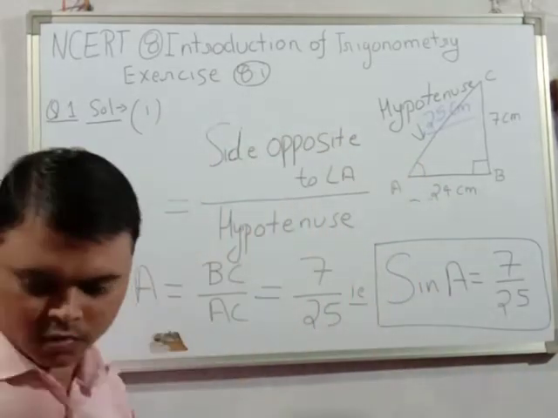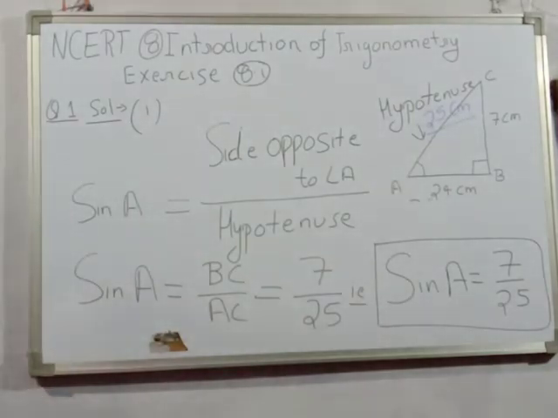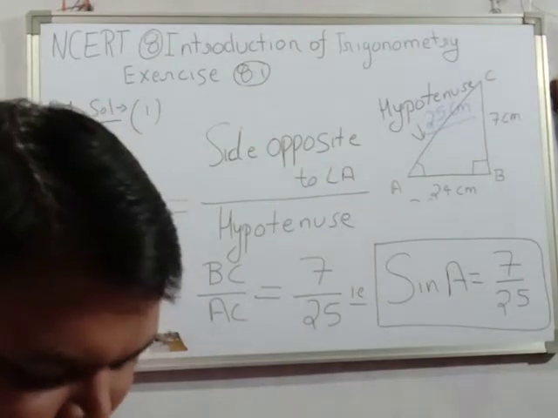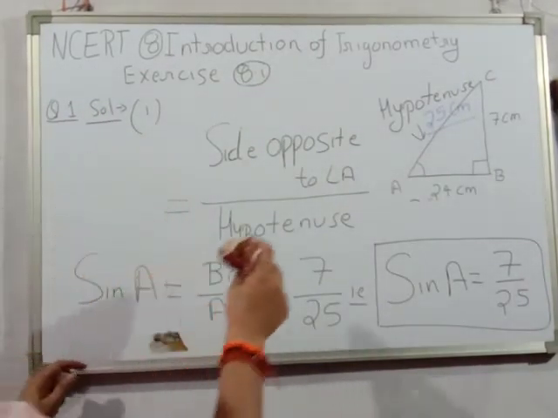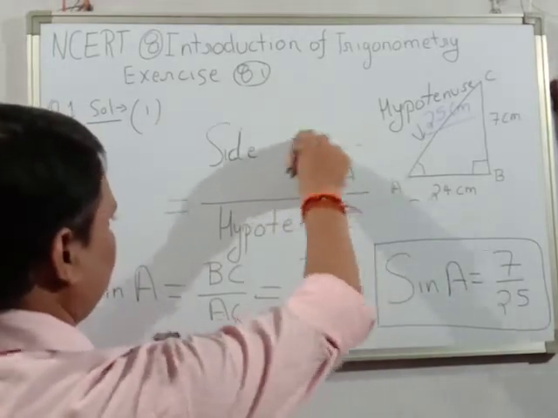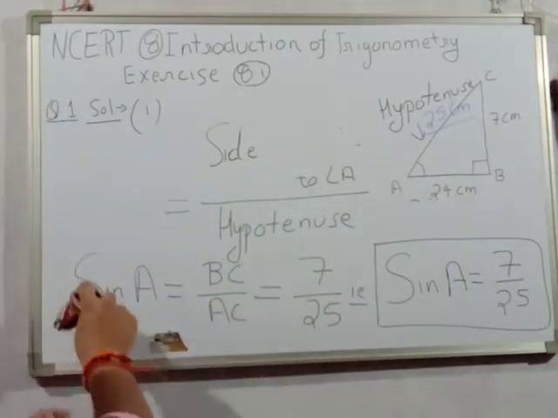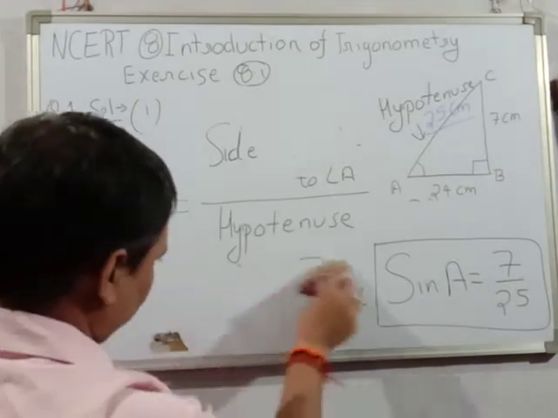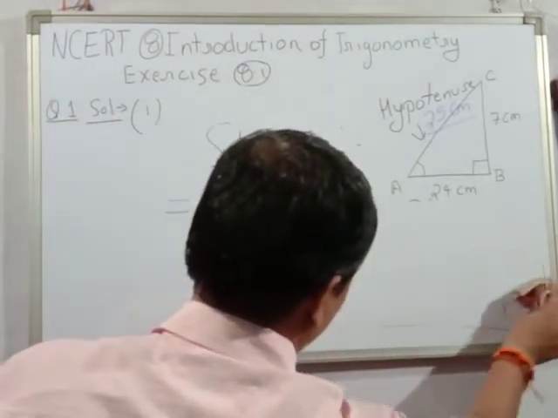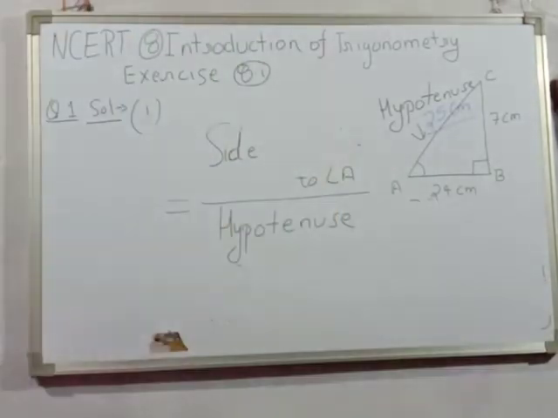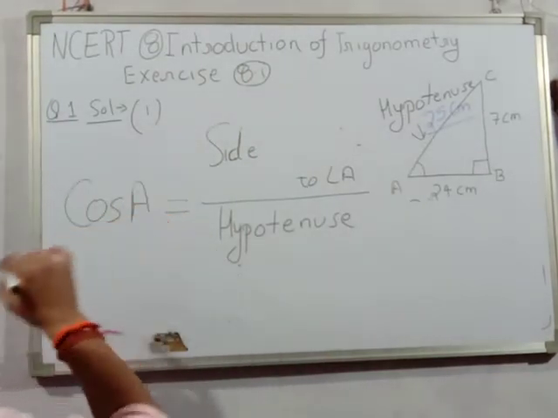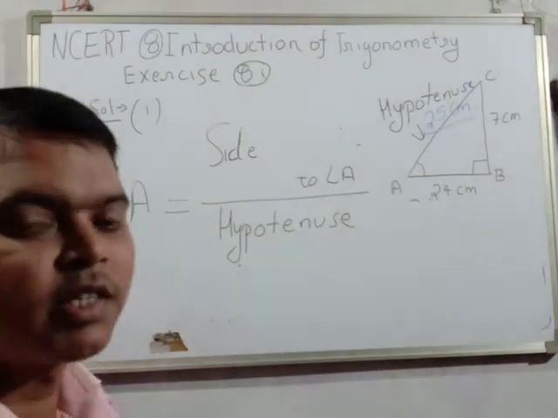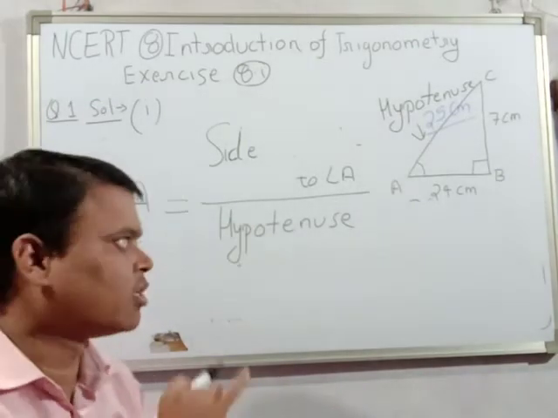Next, cos A. What is the formula of cos A? Side adjacent to angle A upon hypotenuse.